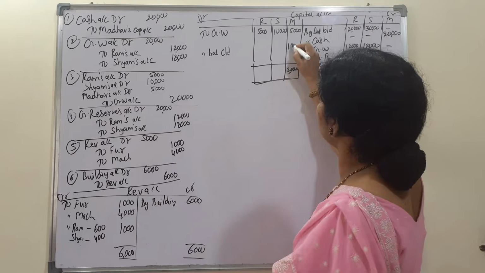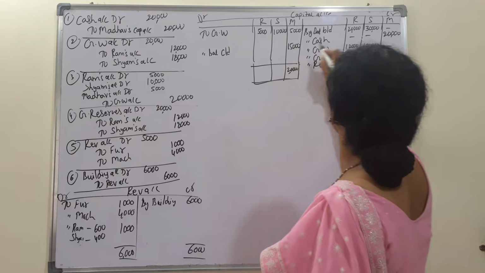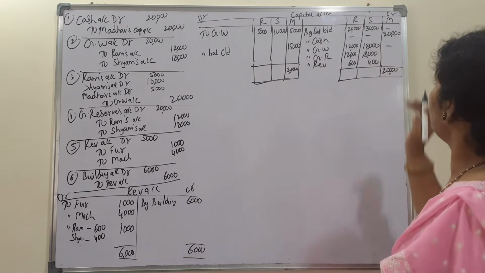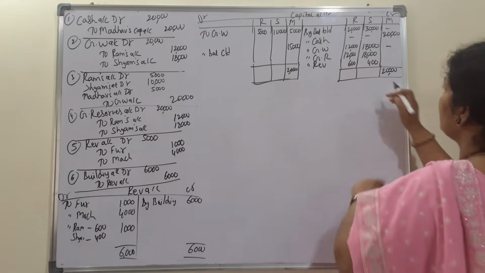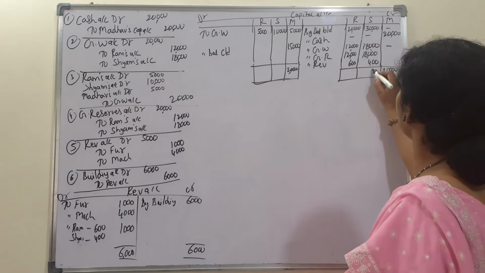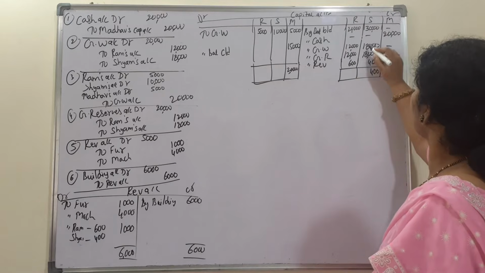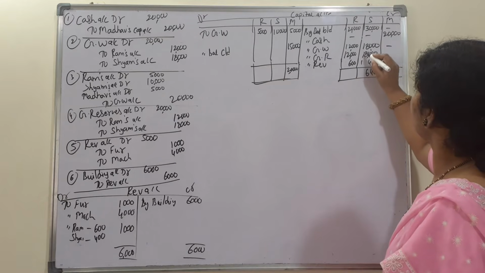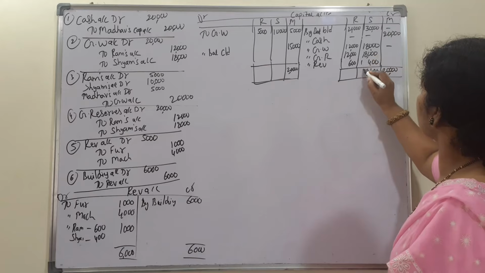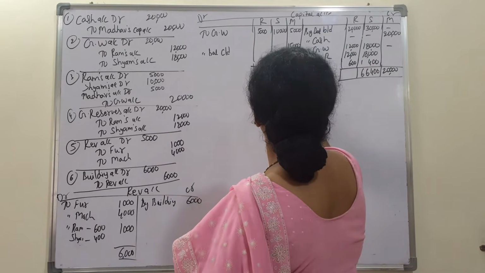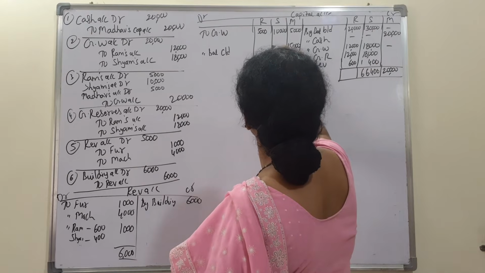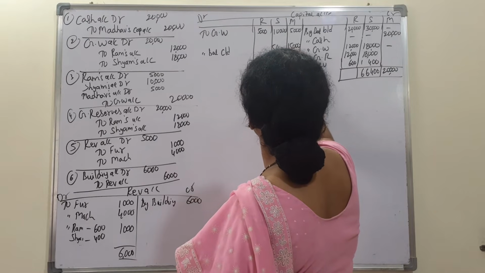5,000 means it is 15,000. And Shyam is 30, 400. This is 16, 4, 5, 6. 66,400 means 56,400.